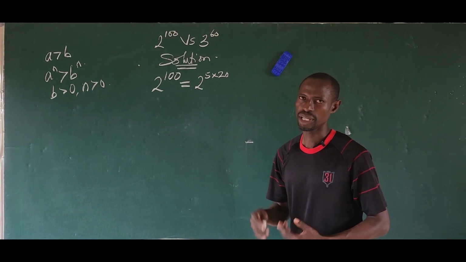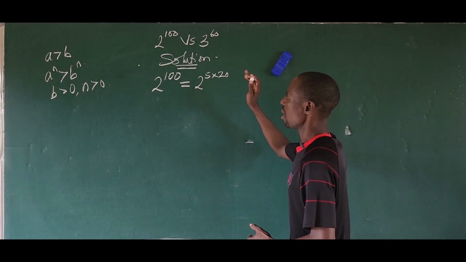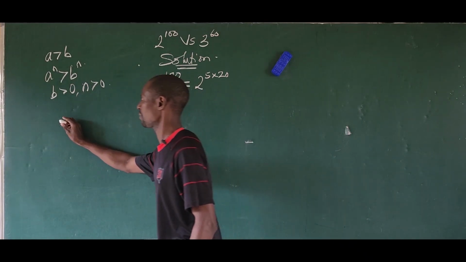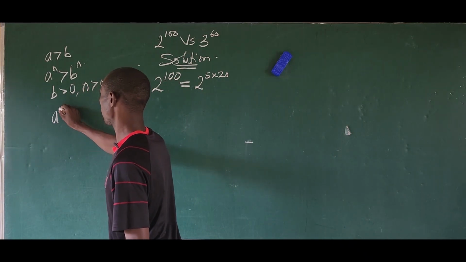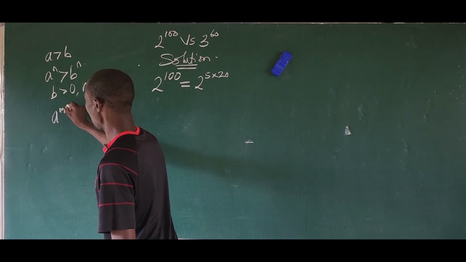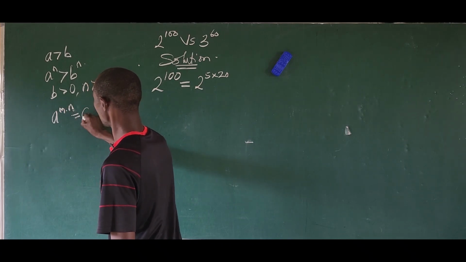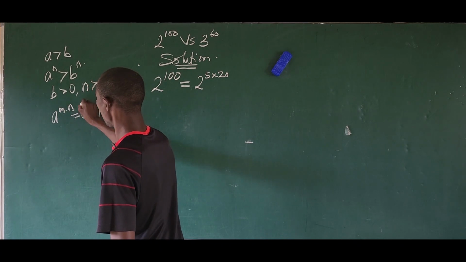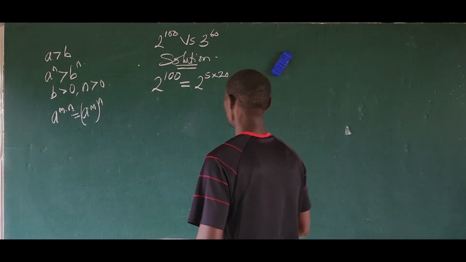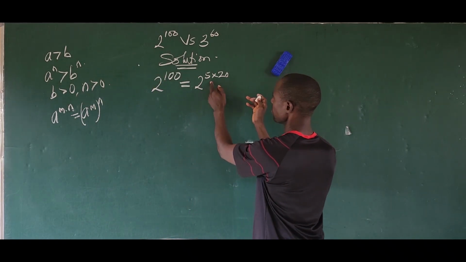Good. So if we apply the property of indices, it says that if you have A to the power of M times N, this is the same thing as A to the power of M, all raised to N, right? So I want to separate this 5 from this 20.